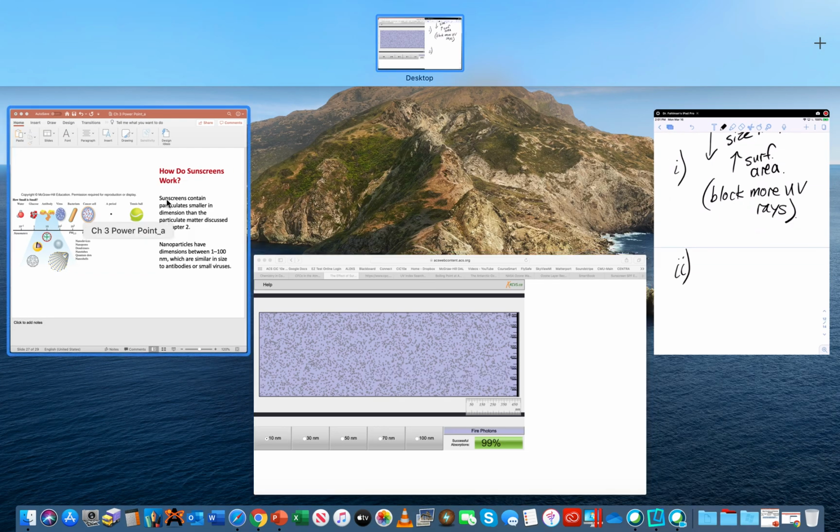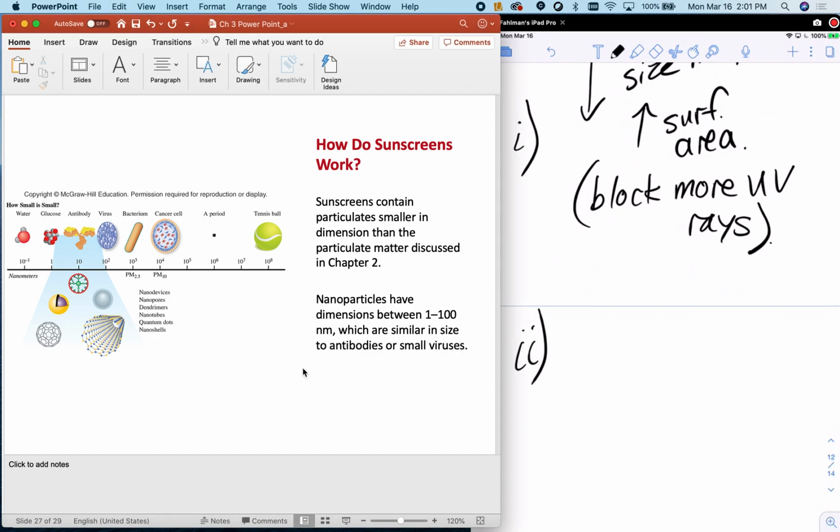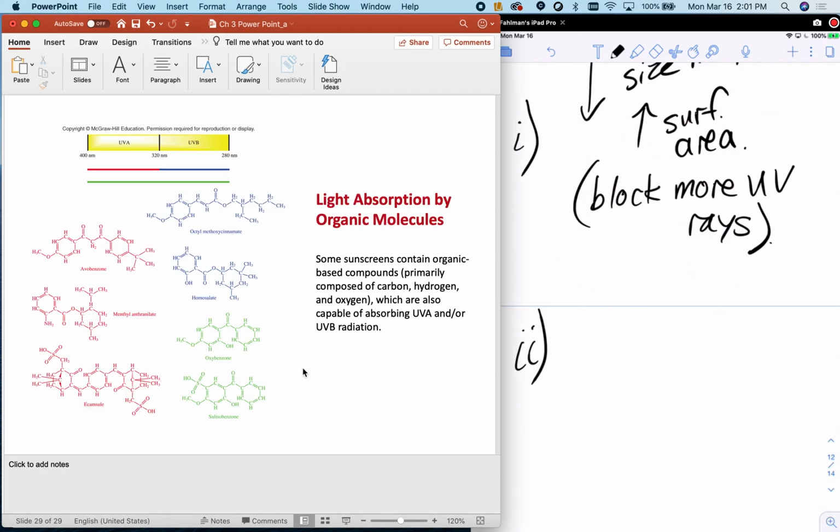So for instance, these ones. You could just have a series of really complicated organic molecules, and these are not nanoparticles actually. The reason these are used is just due to absorption via certain energy levels.